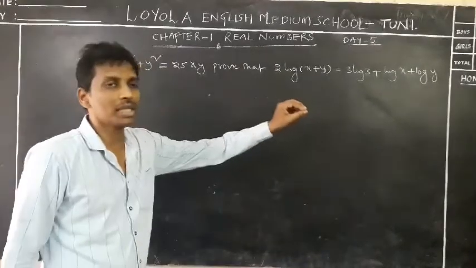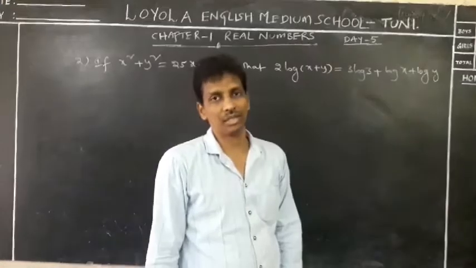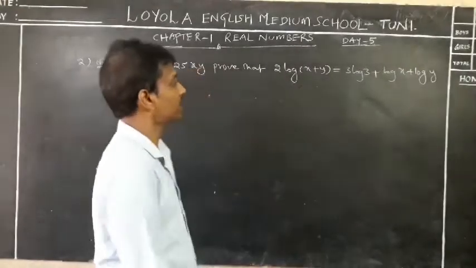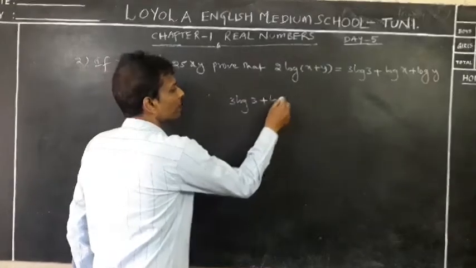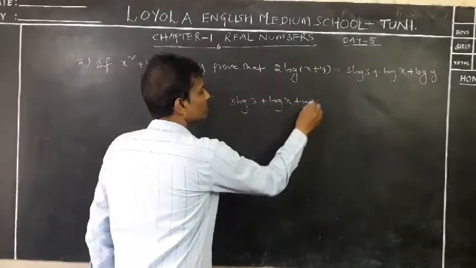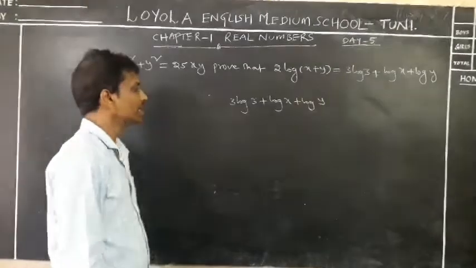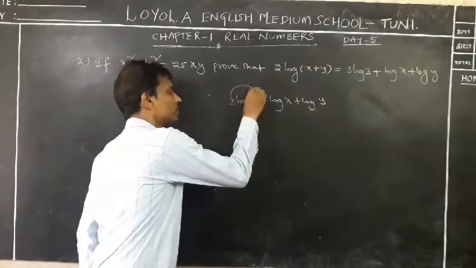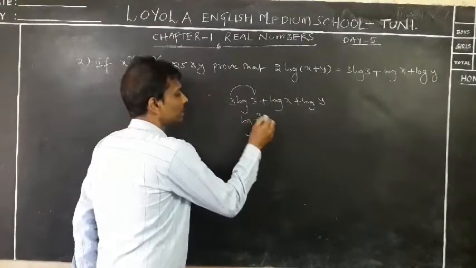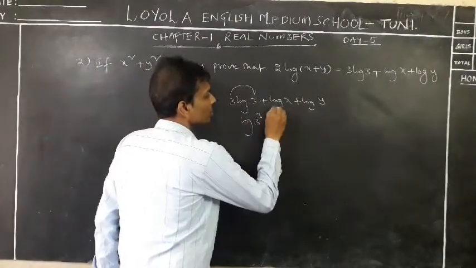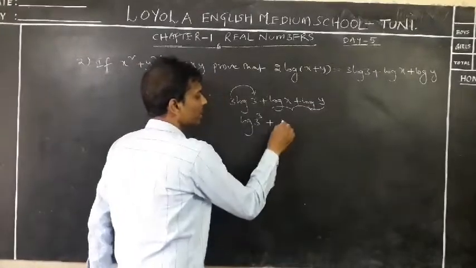Let us think about the right hand side condition. The right hand side condition is 3 log 3 plus log x plus log y. 3 log 3, 3 comes as the power of 3.